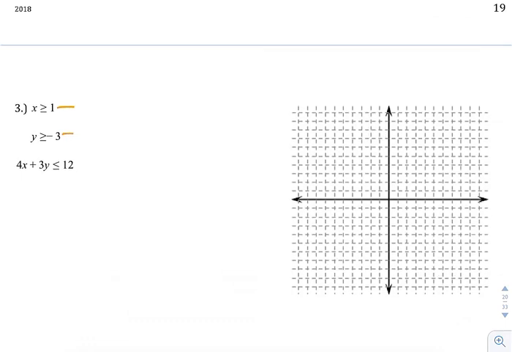So if it's x is greater than or equal to 1, that's your x value of 1. It's going to be a solid line. And if we want all the values that are greater than 1, it's to the right.